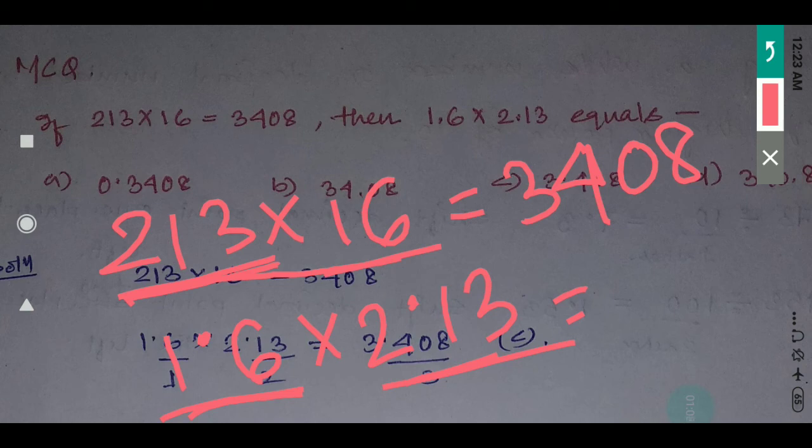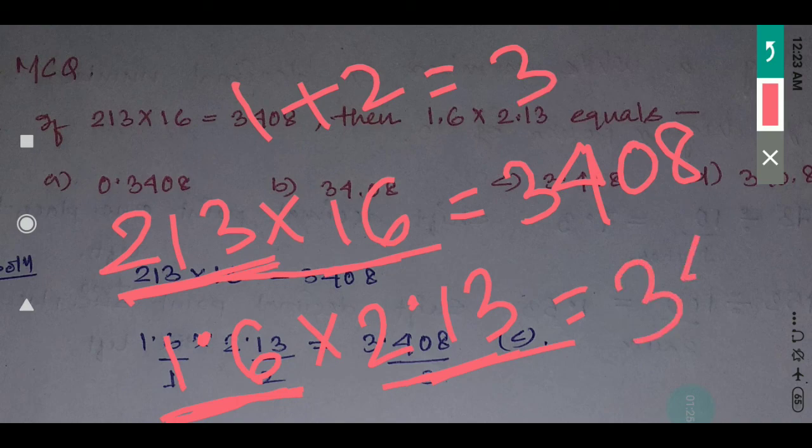After that you have to count how many decimal places there are. According to that, the total will be your resultant answer. So here, 1.6 has 1 decimal place and 2.13 has 2 decimal places, so the answer will have 1 plus 2, that is 3 decimal places.